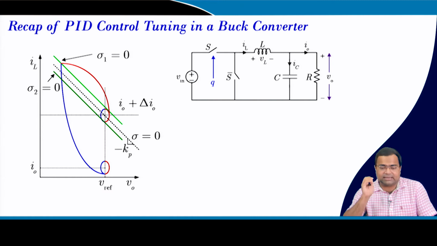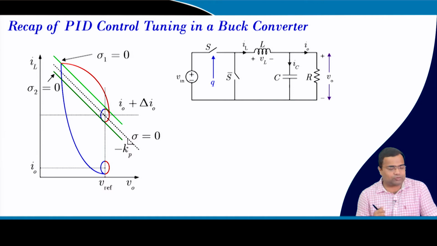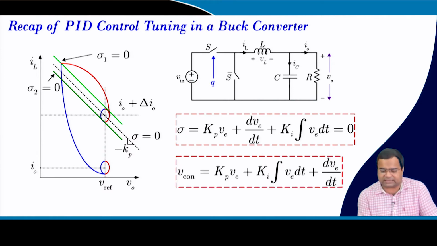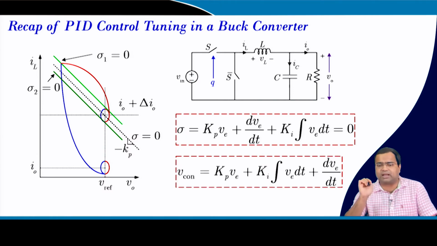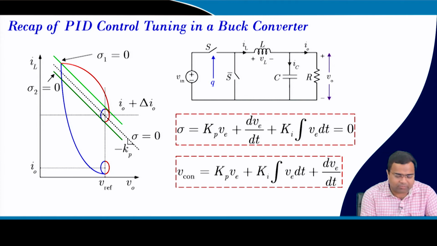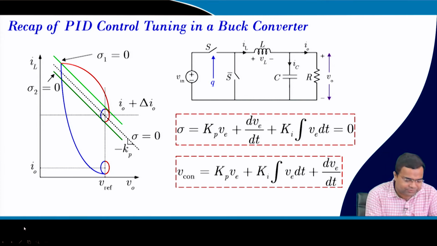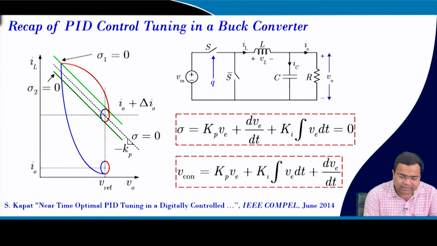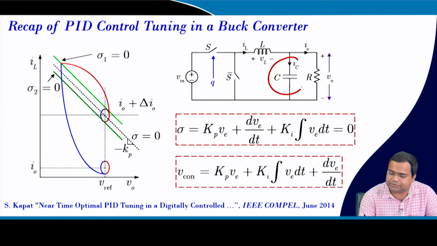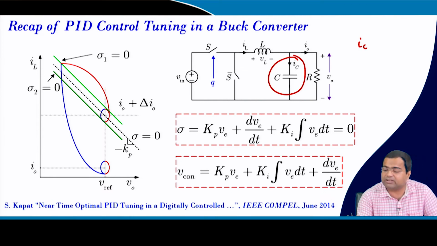In this lecture, we cannot fit a PD controller in a boost converter because the voltage derivative in a boost converter is discontinuous, right? The PID controller for a buck was straightforward because in a buck converter, the capacitor current IC in continuous conduction mode is C dv0/dt in the ideal case.